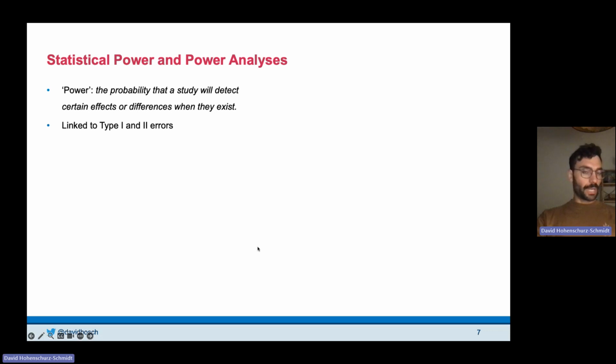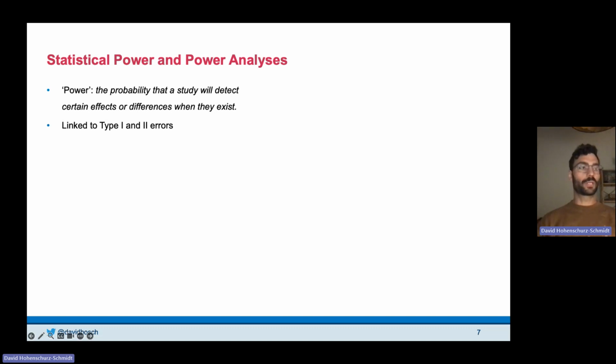Power is very closely related to the likelihood of making false positive or false negative errors in hypothesis testing. We've spoken about false positives, so the possibility of finding something even though that's likely just due to chance. False negatives are when you have the risk of dismissing an effect even though there might be one.